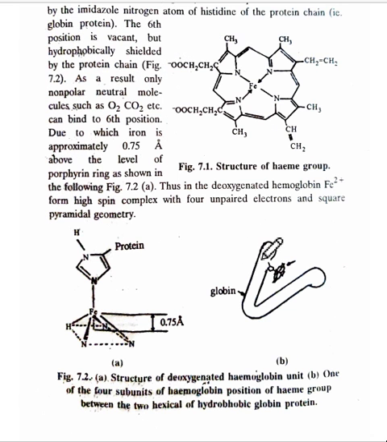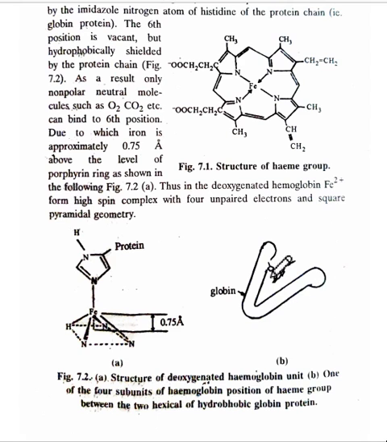In this structure, we can see the structure of the deoxygenated hemoglobin unit. One of the four subunits of hemoglobin, position of heme group between the two helices of hydrophobic globin protein.